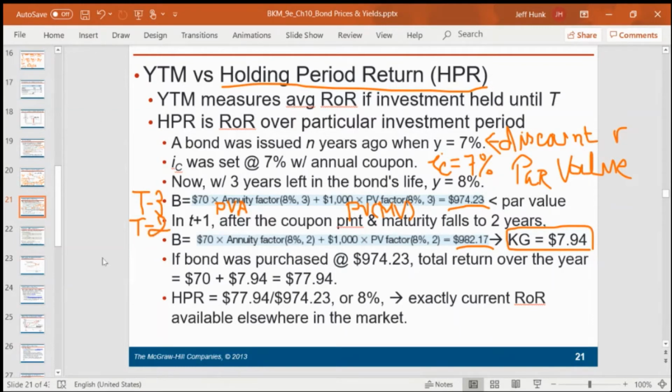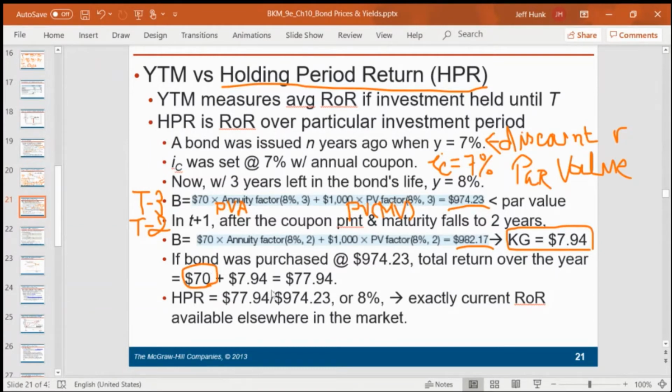So between t minus 3 and t minus 2 is 1 year. During this time, the 7% coupon, $70, is the interest during that time.